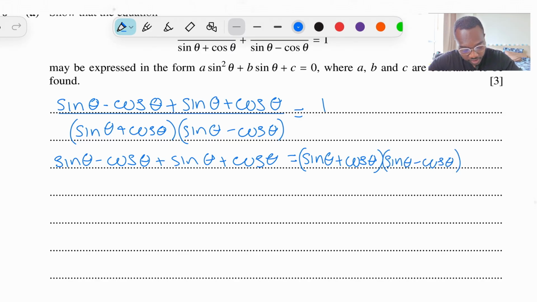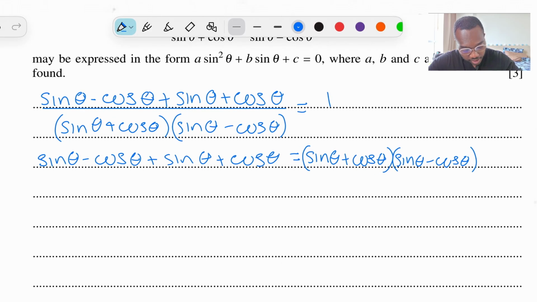Okay, and then let's simplify this down. We get sine theta plus sine theta, so that is 2 sine theta, and the minus cos theta plus cos theta cancels out, so that just becomes 0.